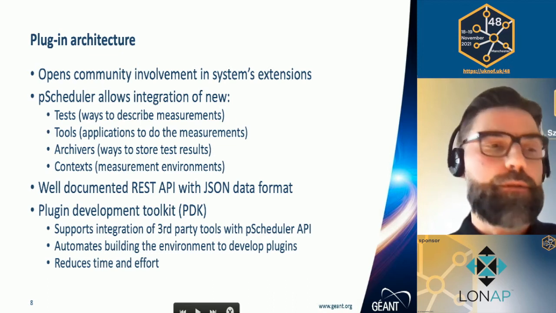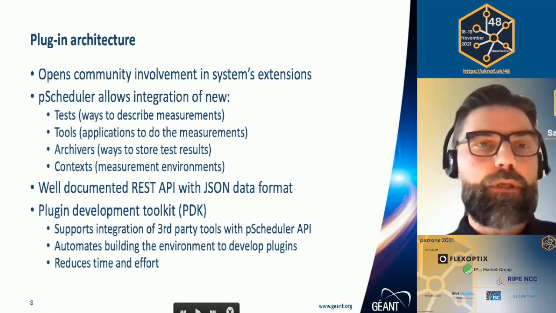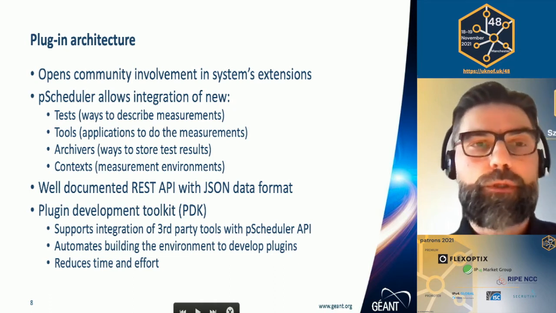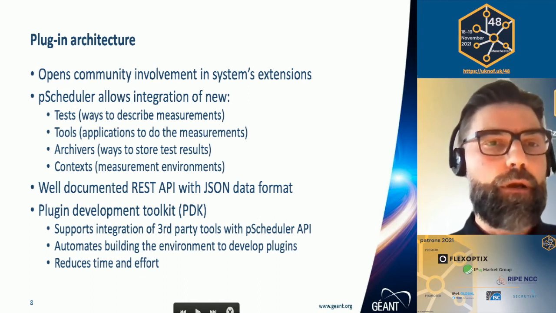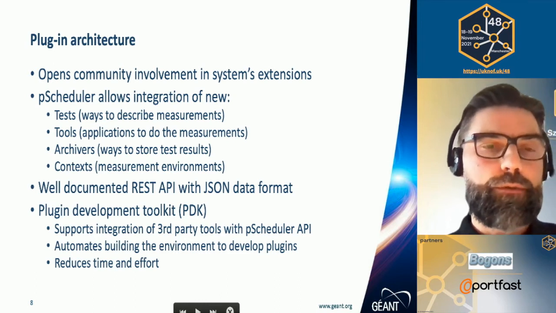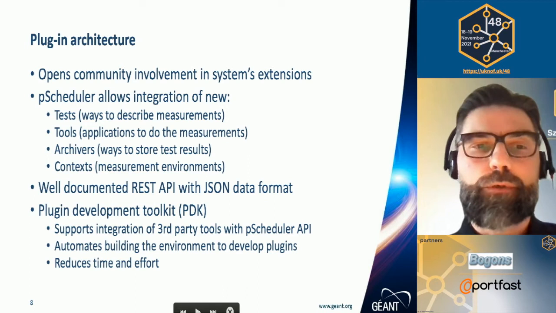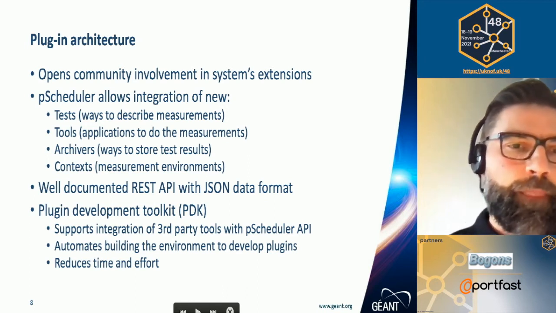And based on one of the requests and cooperation with the research community, we also have a RabbitMQ archiver, which sends all the data to this type of interface. So you can see that this is really extensible, and you can define multiple ways of storing your data.